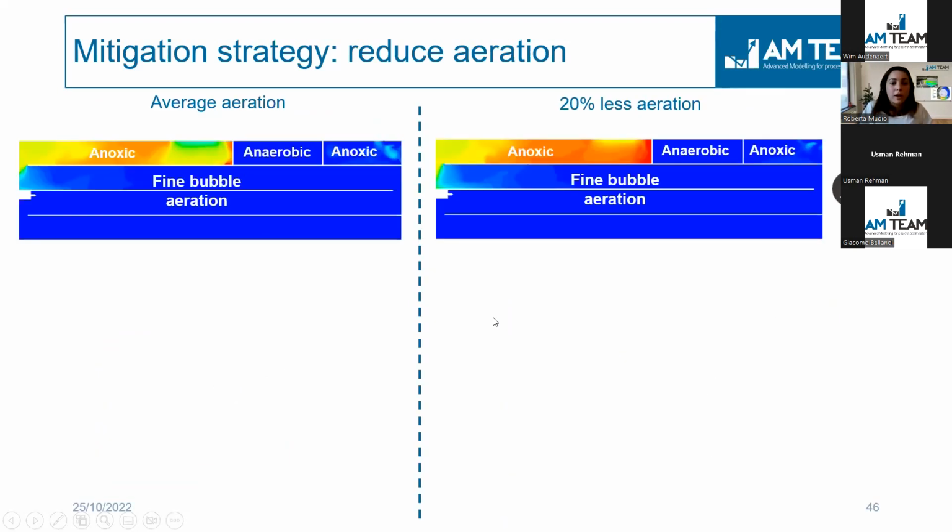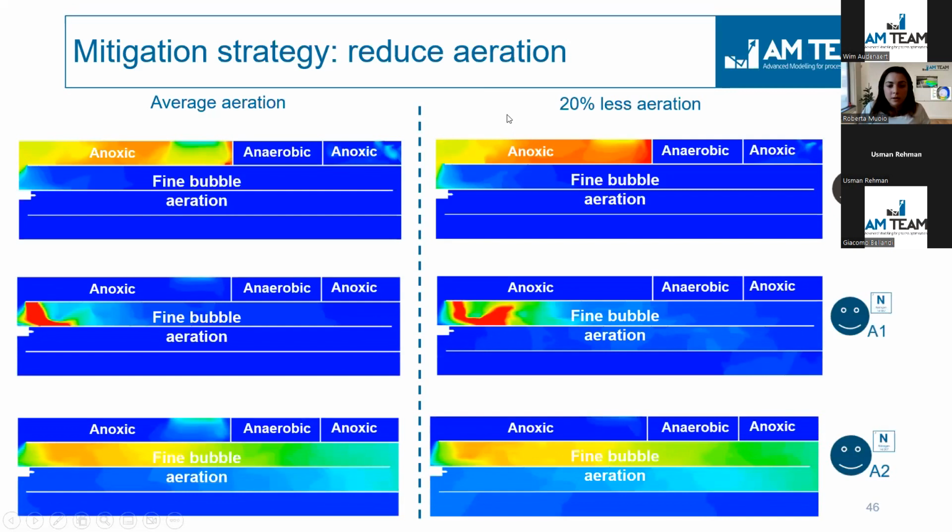If we go a step further and we look at the root causes, again, we start with the heterotroph production, and we can see that with lower aeration, there is a bit more production of N2O, but actually there is also a higher consumption. So in the end, the net production by heterotroph is even negative. If we go to the other pathways, the autotroph pathways, here we see that with lower aeration, the transition zone between anoxic and aerobic increases. So we can see that there is more production by the A1 process.